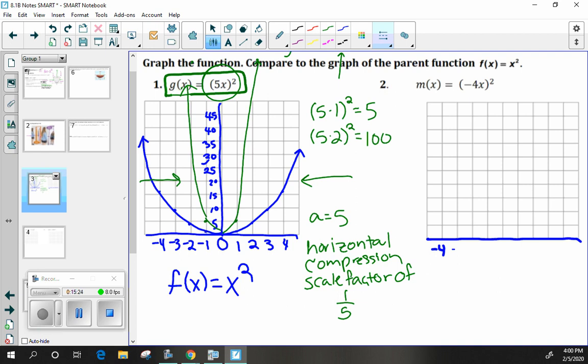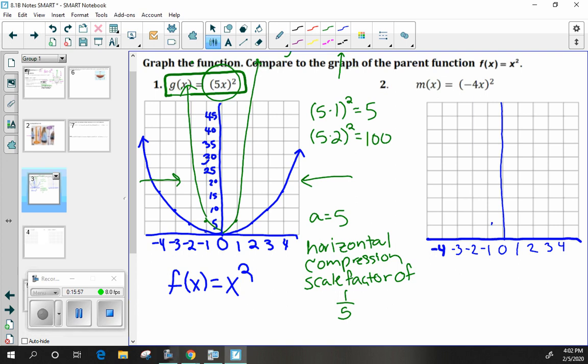So if we go back and draw our parent function here, and again, I'm going to draw it in blue so we know that it is the same one as before. Our y-axis. It'll look a lot like the one from over there. So let's see what scale we need to do for number 2. Well, because we're doing negative 4, and we're squaring that, that's going to become a 16, we know that that's going to get pretty big pretty fast again.